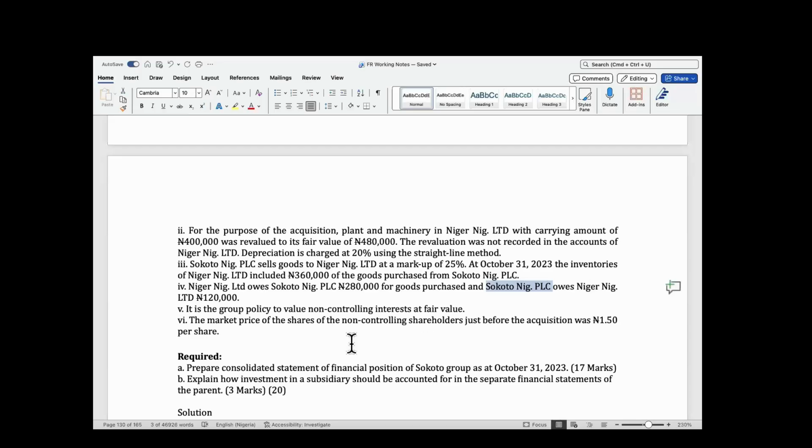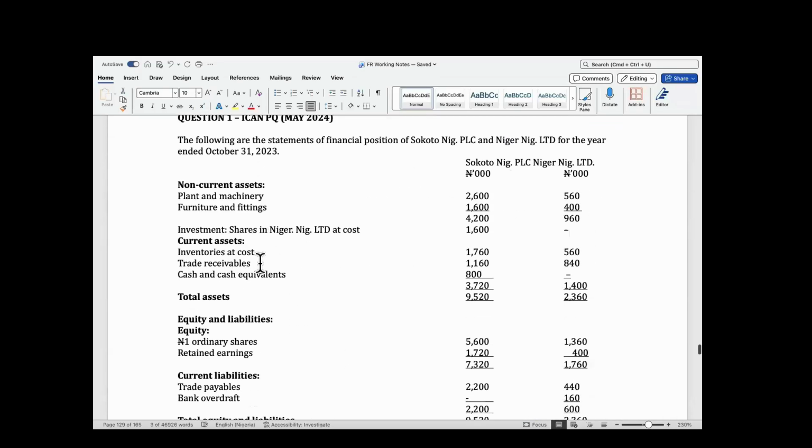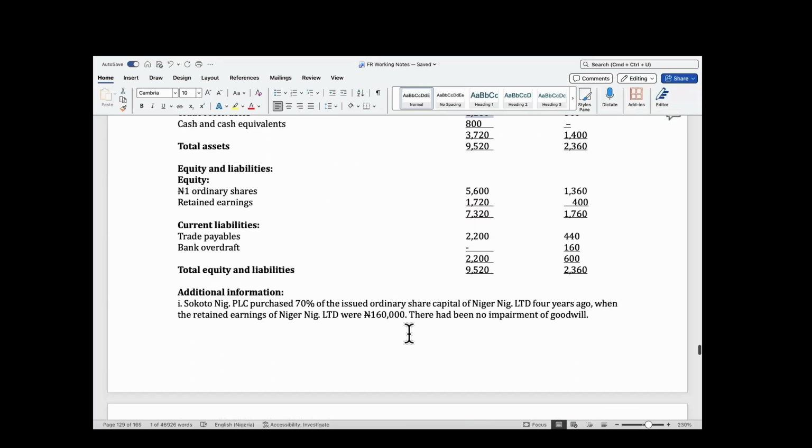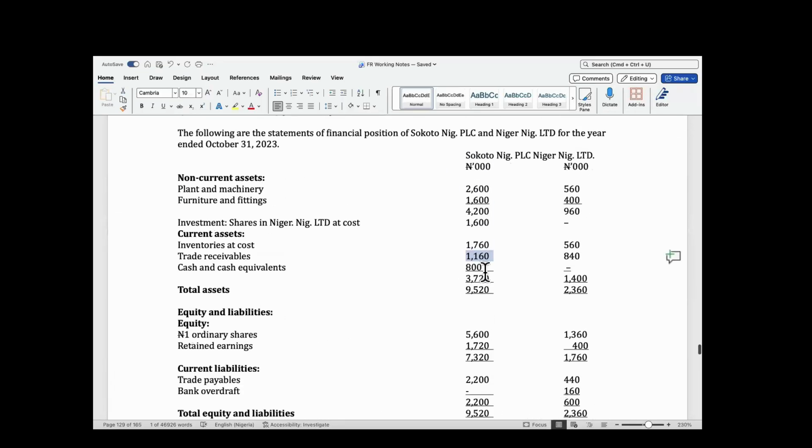So invariably, if you want to cancel this out, you see these receivables of Sokoto, it includes, inside Sokoto, there is 280 because Niger was owing him 280, as we're told that Niger owes Sokoto 280. So inside there is 280 here.